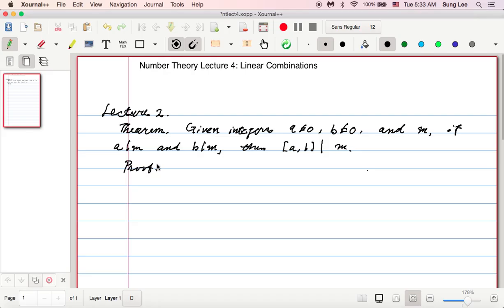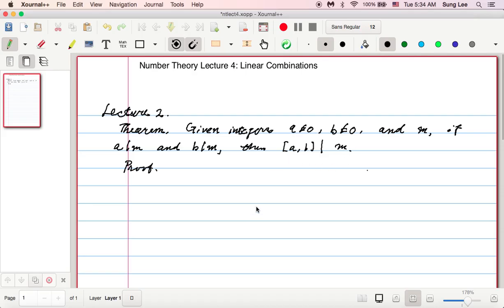We're going to prove this by contradiction, one of the common techniques of proof in mathematics. What we are trying to prove, under these assumptions, is that the least common multiple of a and b divides m. So we start by assuming the negation of this statement.